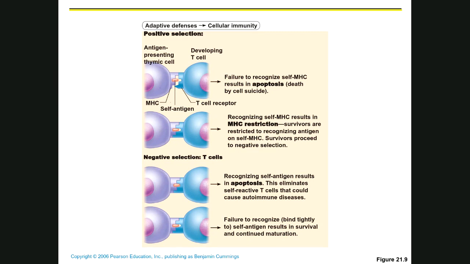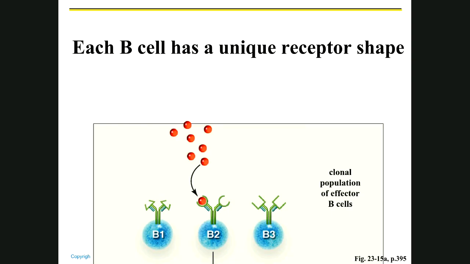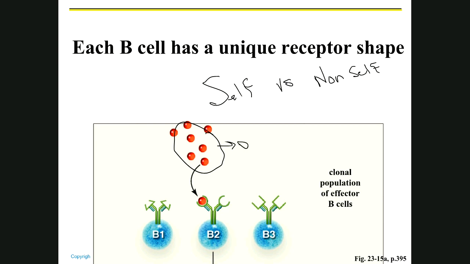Well, remember, we have to worry about self versus non-self. So what if this thing right here was not an antigen? What if that was your own proteins, your own stuff, you? Look, it matches this B cell.